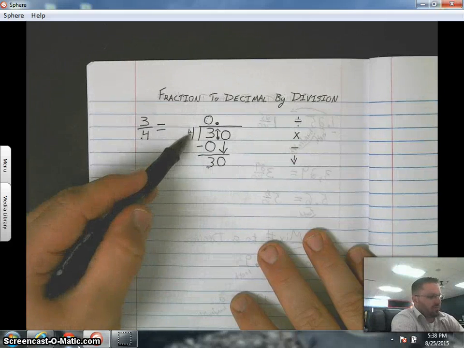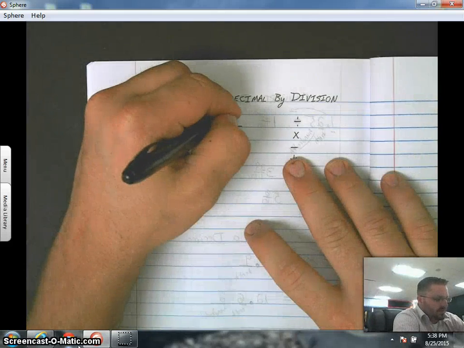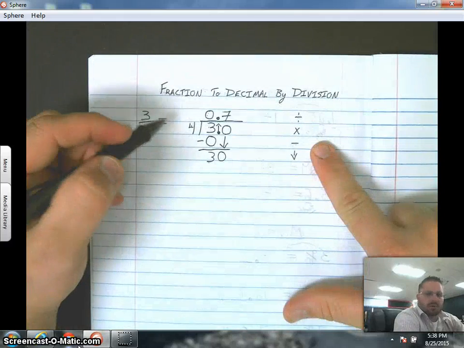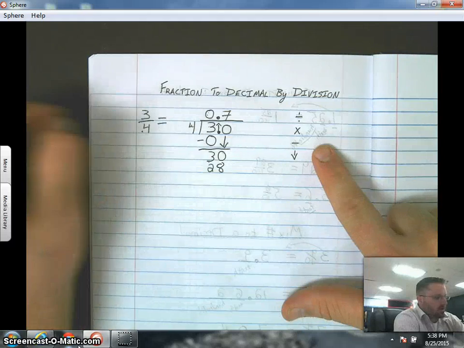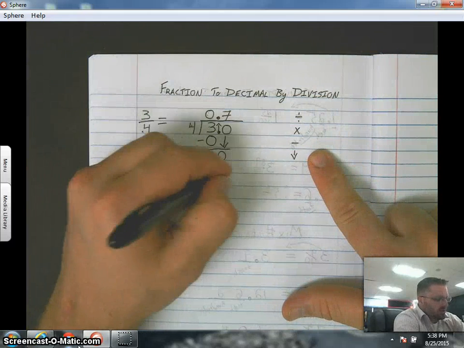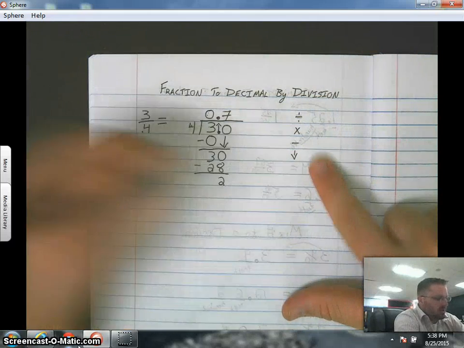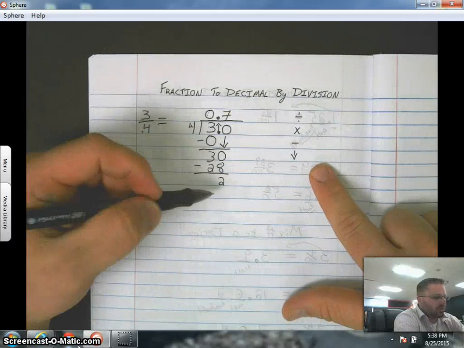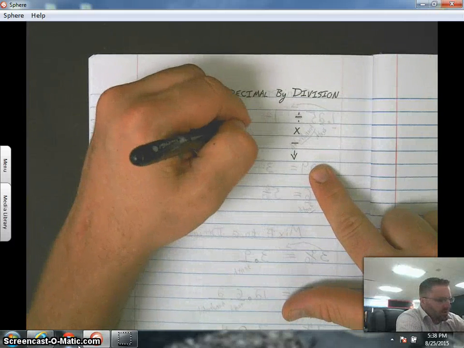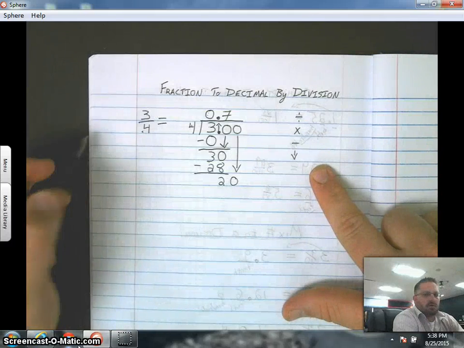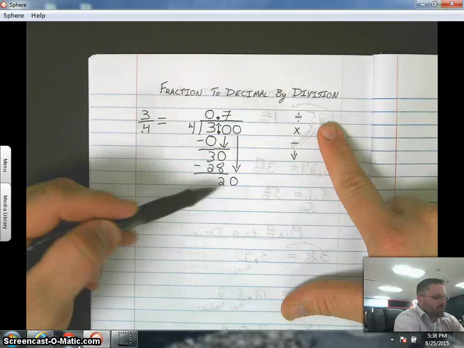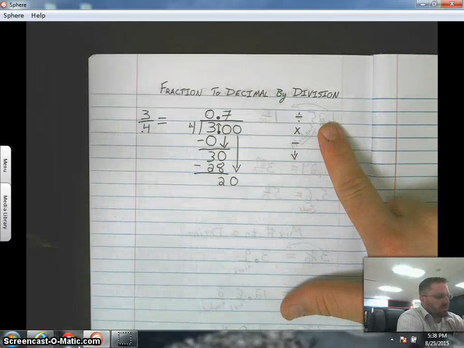30 divided by 4 is 7. I'm back to my multiplication. 7 times 4 is 28. Subtraction, 30 minus 28 is 2. And I still have a 2 here, so I need to add another 0 and then drop it. I'm going back to division. 20 divided by 4 is 5.